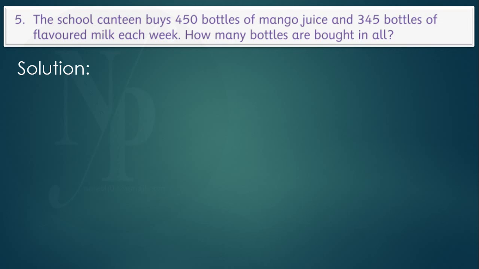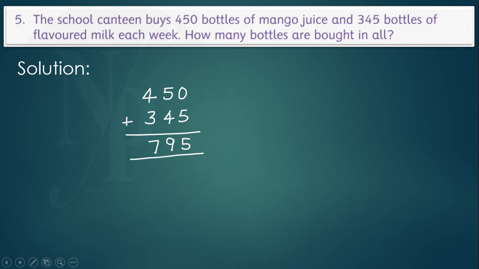So 450 plus 345. 5 plus 0 is 5, and 5 plus 4 is 9. 4 plus 3 is 7.